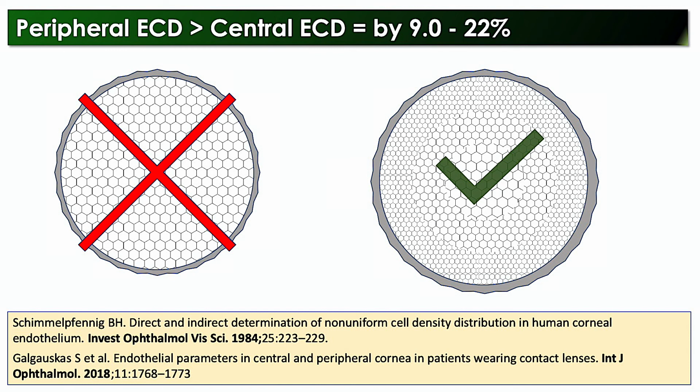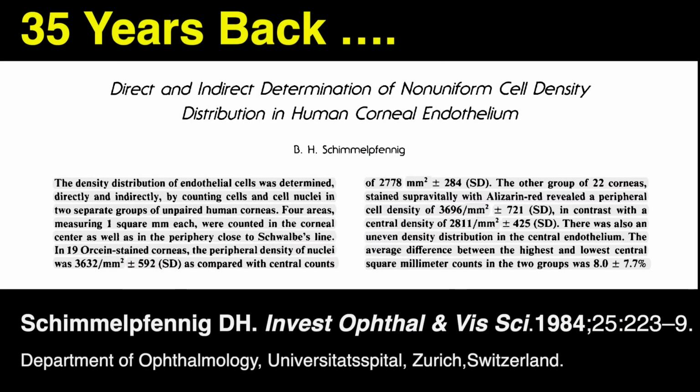We know that peripheral endothelial cell density is more than central endothelial cell density by 9 to 22% from a paper published over 35 years back.